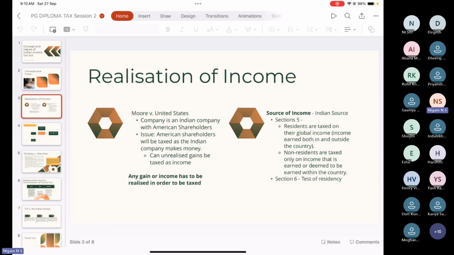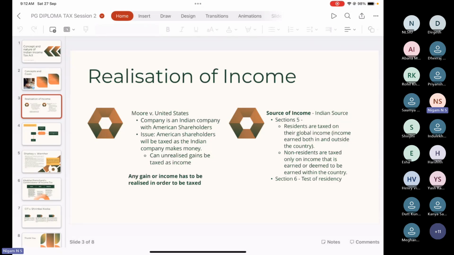So in Moore versus United States, this is a company which is an Indian company with American shareholders. And when I say Indian company, I mean a company that's incorporated in India. It's registered in India, and the issue was whether the American shareholders will be taxed as the Indian company makes money. Remember that the Indian company may be making some money.